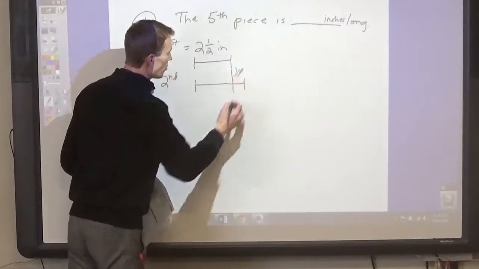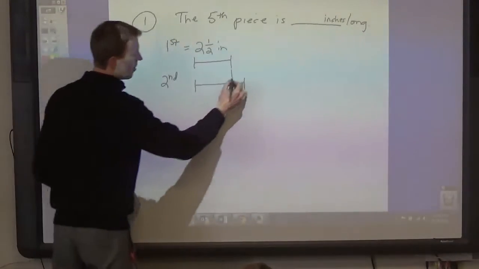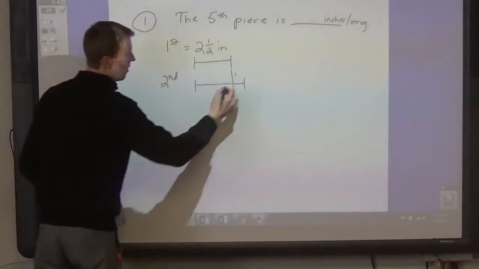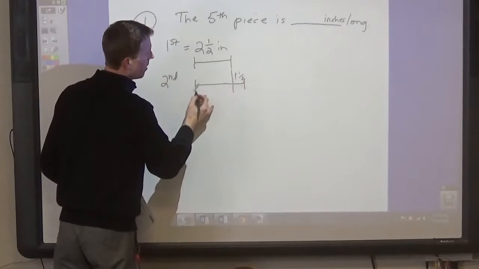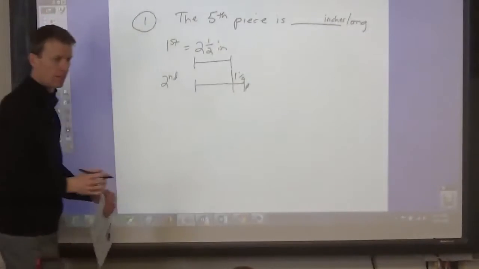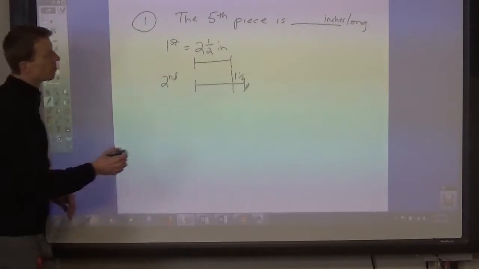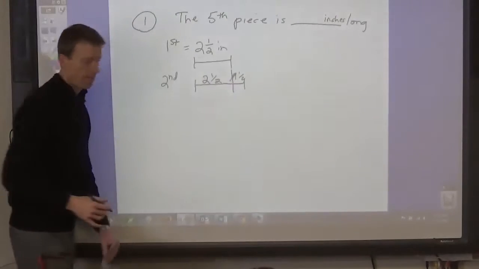So this extra piece is 1.5 inches longer. So how would you find the length of this piece? Peter? You just add 2.5 plus 1.5. Right, 2.5 plus 1.5.